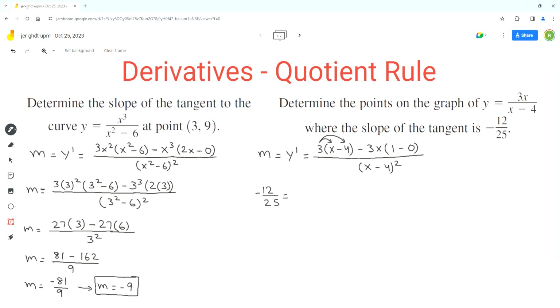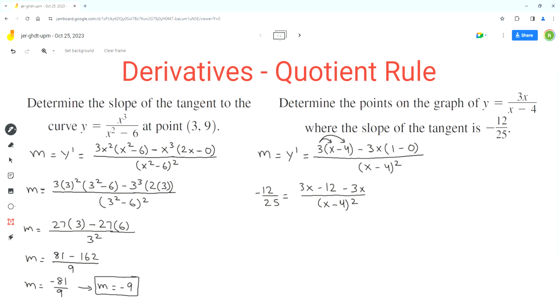So we get 3x minus 12 and then minus 3x. So 1 minus 0 is 1, and 3x times 1 is just 3x, over x minus 4 squared. So this is the equation we have to solve to find the value of x.